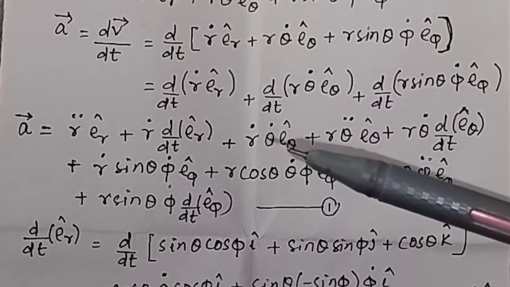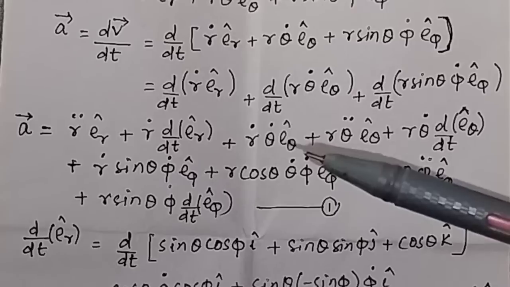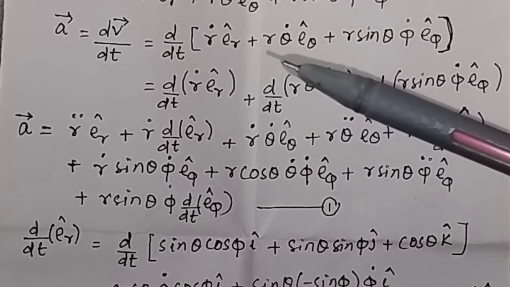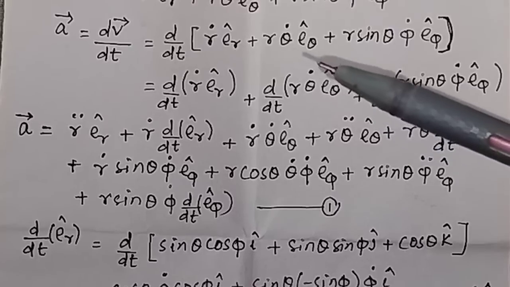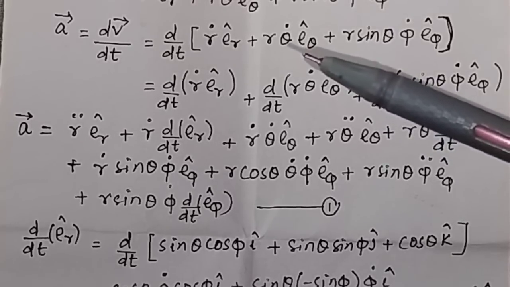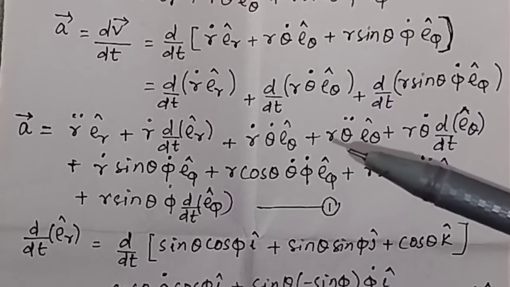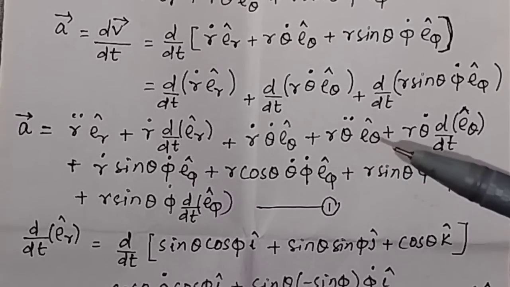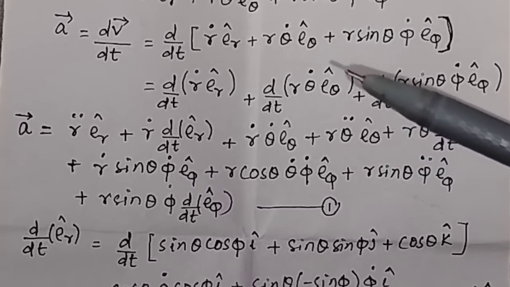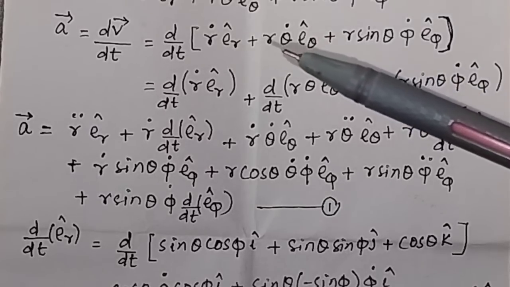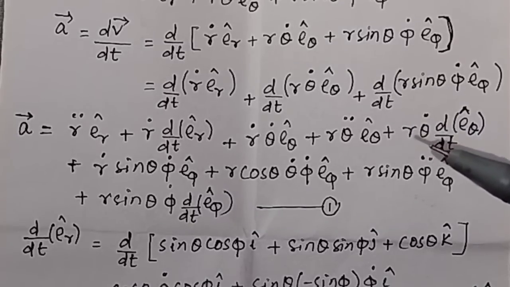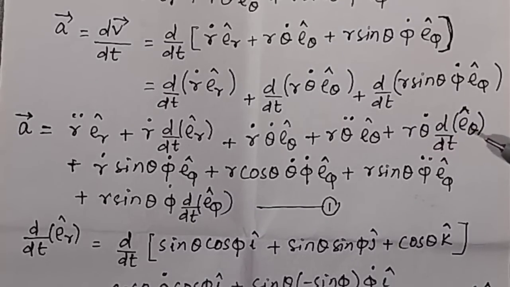Then you keep r and e_theta cap constant and take the derivative of theta dot, so it will be r theta double dot e_theta cap. Similarly, you take the derivative of e_theta cap, keeping r theta dot constant, so r theta dot times the derivative of e_theta cap with respect to t.